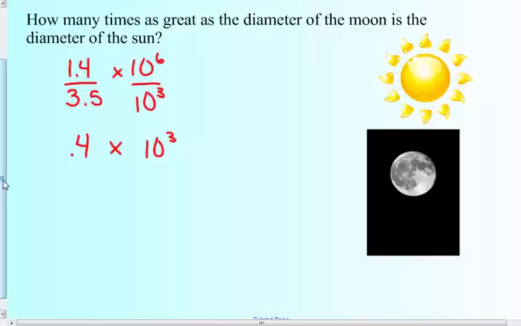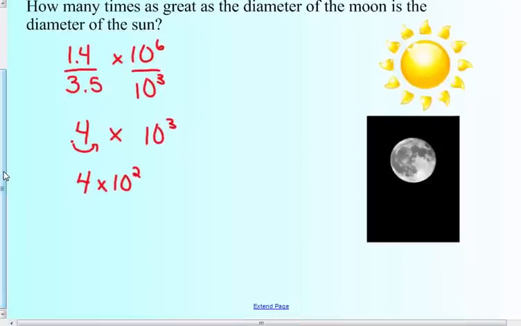And we are going to always answer in scientific notation. So moving my decimal to the right one place is like subtracting 1 from my power on my base of 10. So I get 4 times 10 to the second, or about 400 times. So in my answer, I could say 4 times 10 to the second, or I could say 400 times. I'm going to say 400.